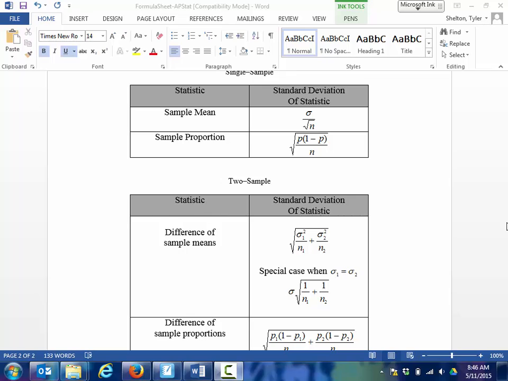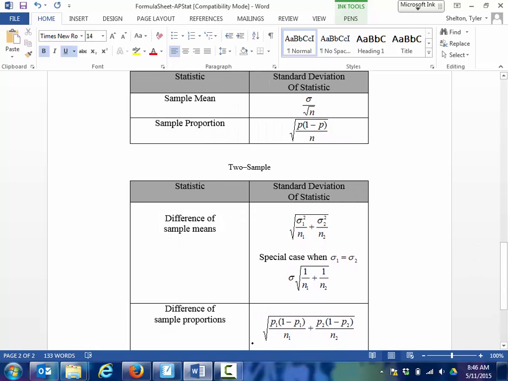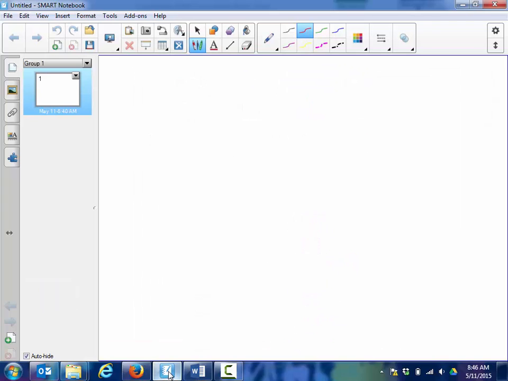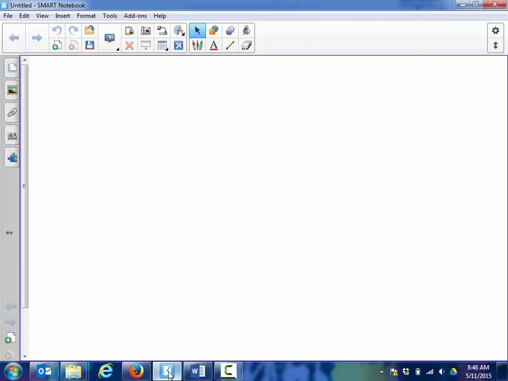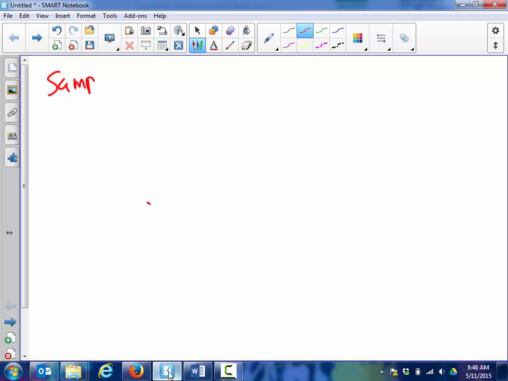All right, we're going to start by looking at sampling distributions for proportions. The first distribution we'll look at is a sampling distribution model for one proportion.